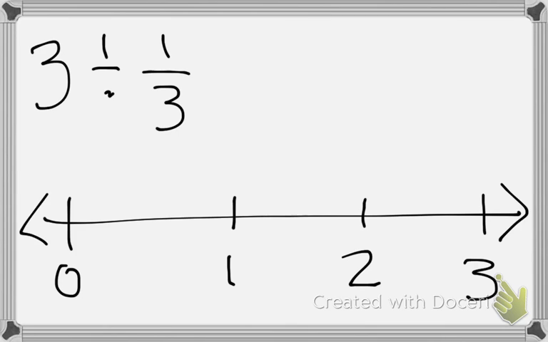So for our first whole, going from 0 to 1, we're going to divide it in thirds, or separate it in thirds. If you count the spaces in between, there are 3 wholes.